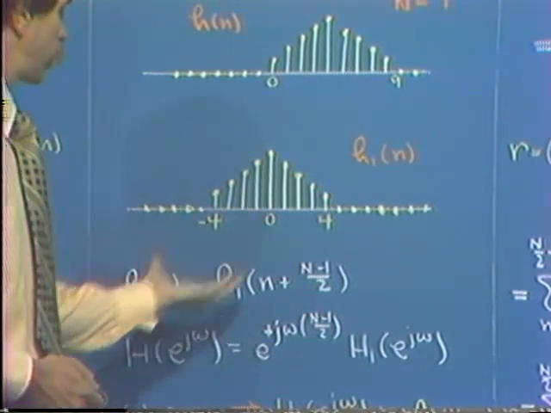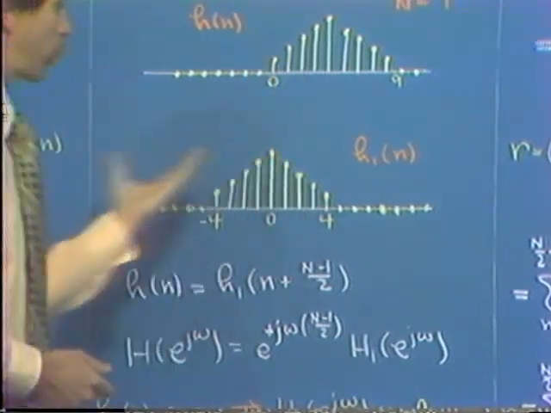That is just due to the fact that these two unit sample responses are related to each other by a linear shift.